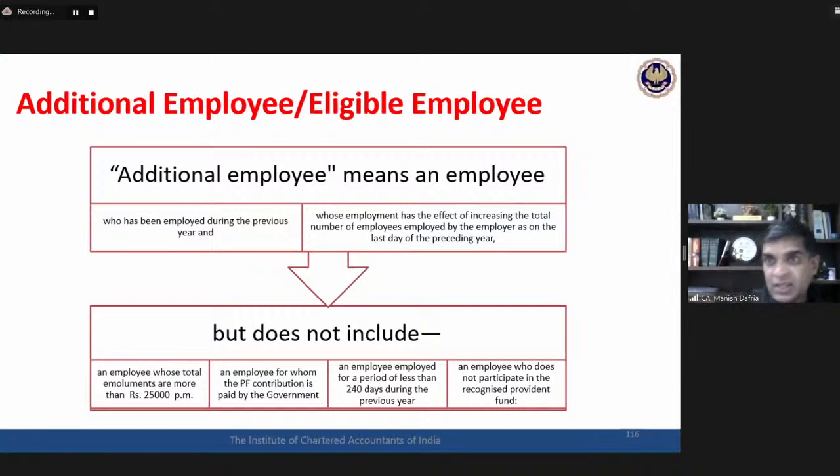Deliberate double deduction. The normal deduction is available from my business income. Any wages paid to my employee are a deductible business expenditure. So for these additional employees also, whatever wages I have paid, I have once claimed a deduction while calculating my business income. Now I have calculated my gross total income, and I am finding out how much deduction I can claim from this GTI.